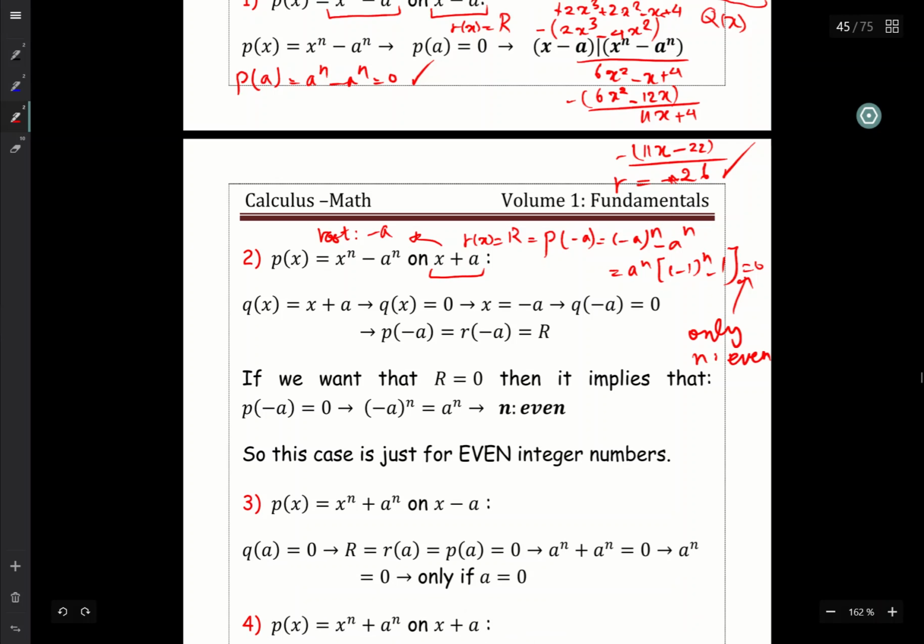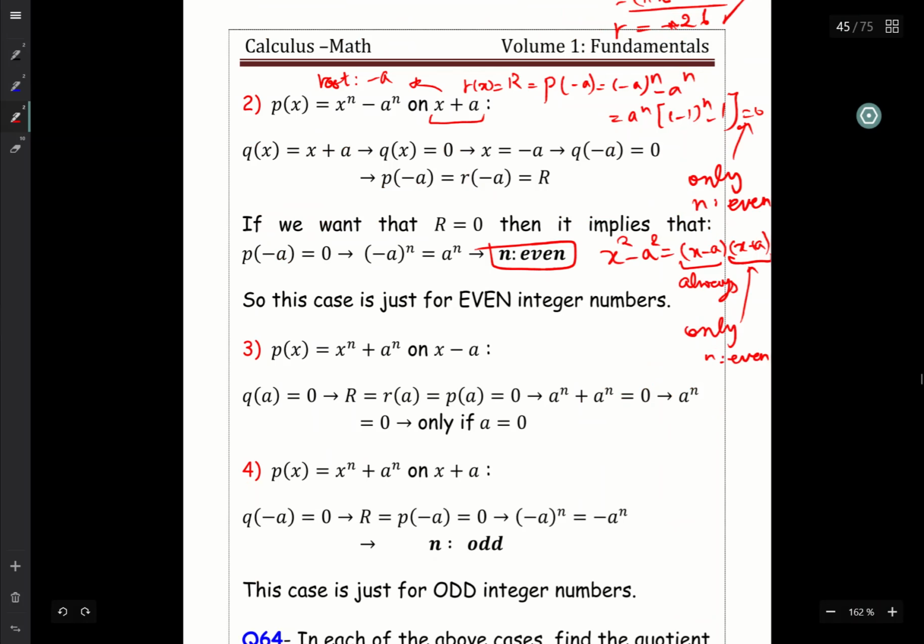Okay, so n only even. And we've seen the special case here. If n is 2, x squared minus a squared is x minus a times x plus a. So x minus a always appears, but x plus a only appears when n is even: 2, 4, 6, 8, etc.